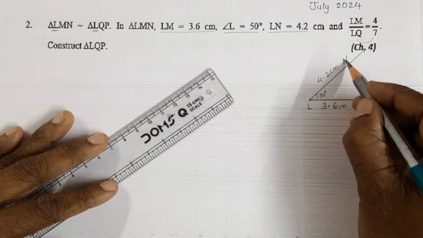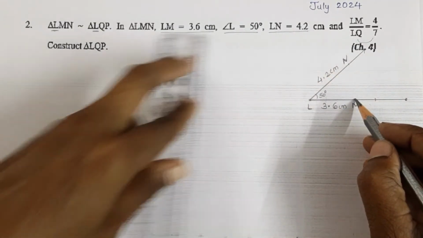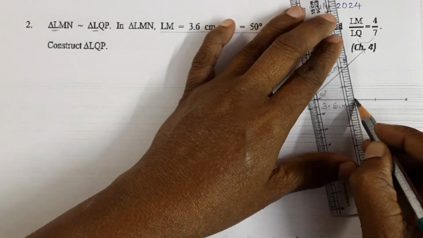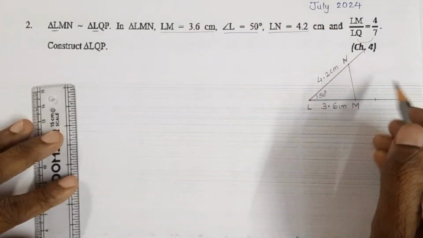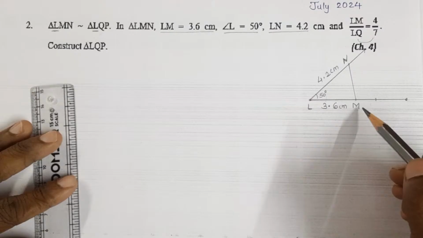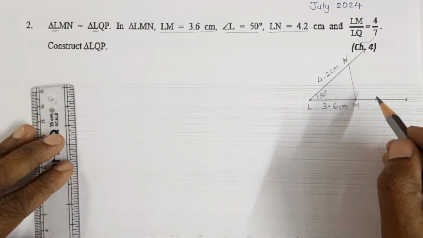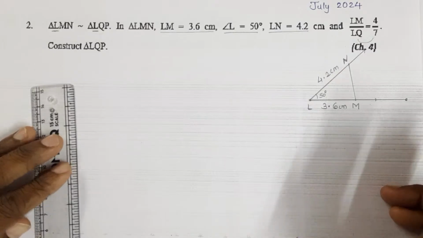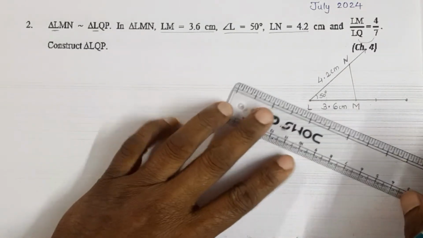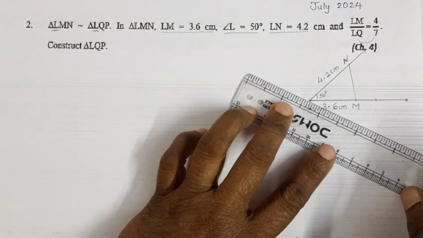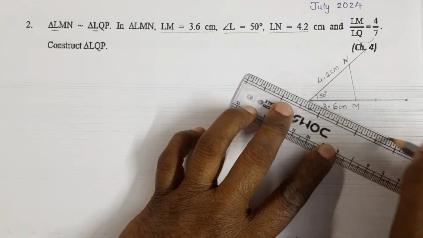Then there is a formation of triangle LMN, which is the smallest one. And then I put proper signs and proper measurement of the angle.